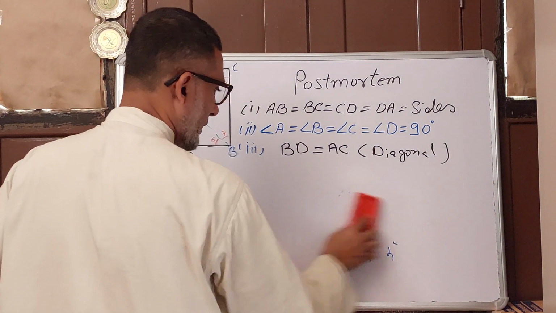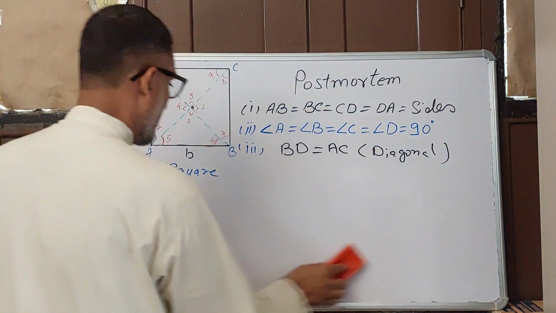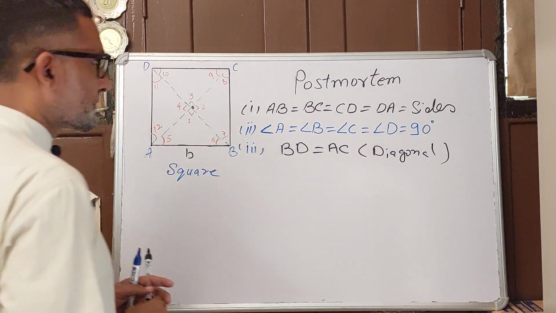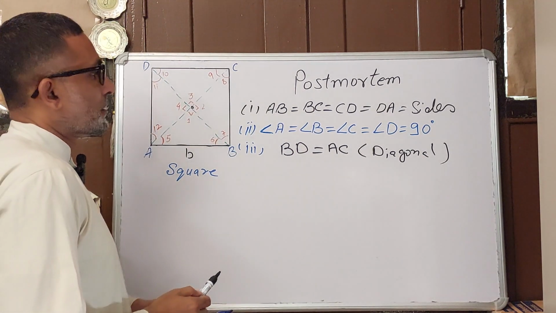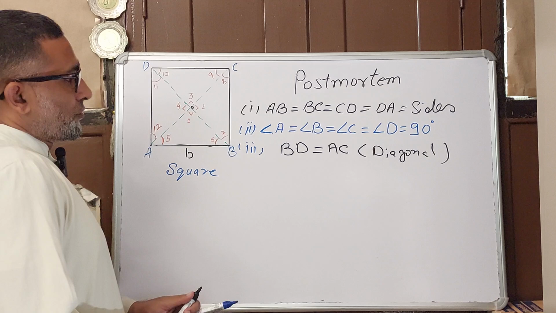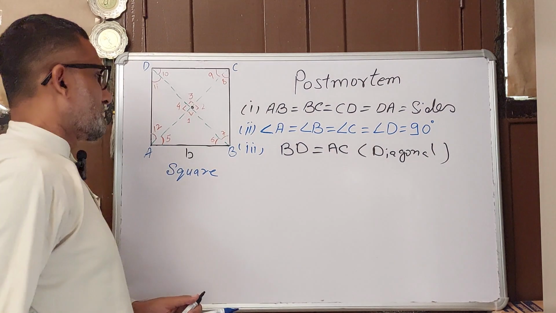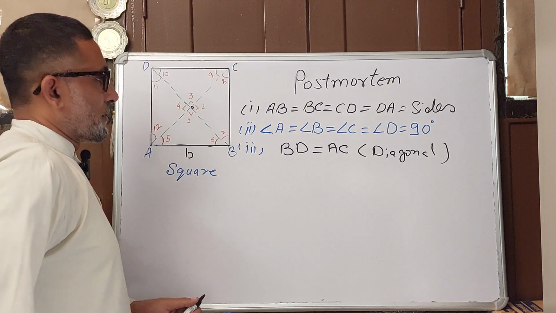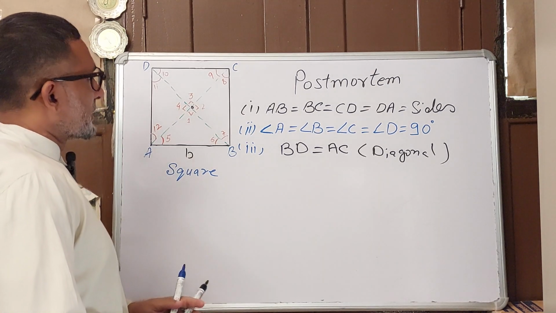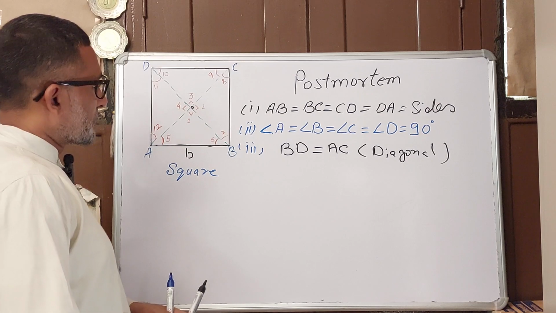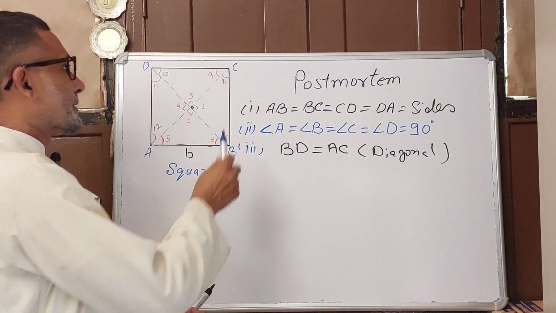When sides are equal, the diagonals of the square are also equal. So you easily find these three things by just applying your mind, without going much deeper.